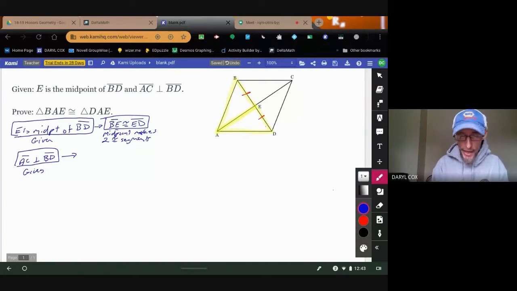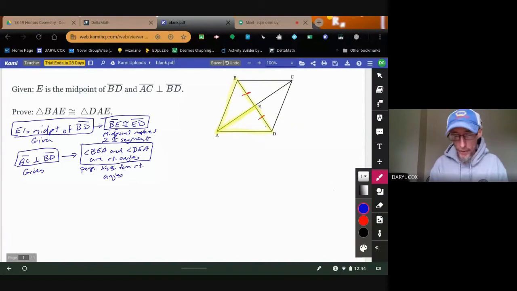So BEA is a right angle, and DEA is a right angle. And I know that because now my theorem from your theorem list, perpendicular lines form right angles.